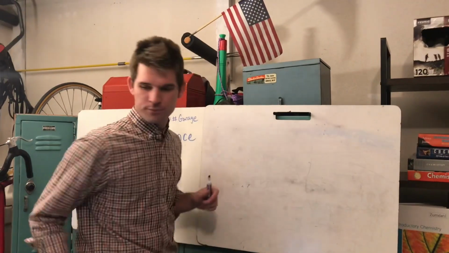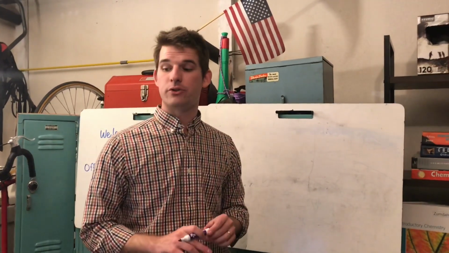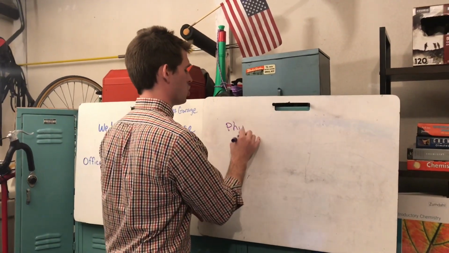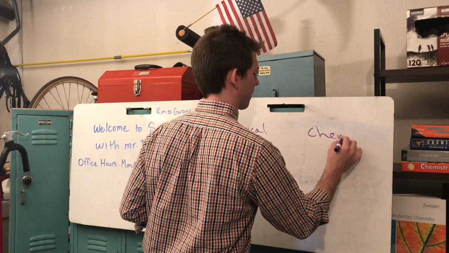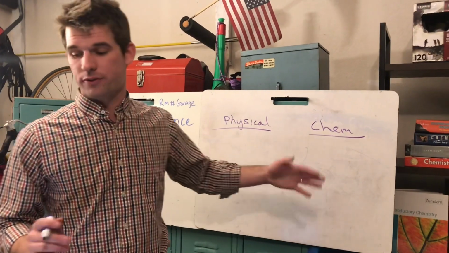Part number 6 says, state 2 examples of a physical change and 2 examples of a chemical change. Okay, so we've got physical, we've got chemical. You can write anything you want as long as it's a chemical and a physical change.